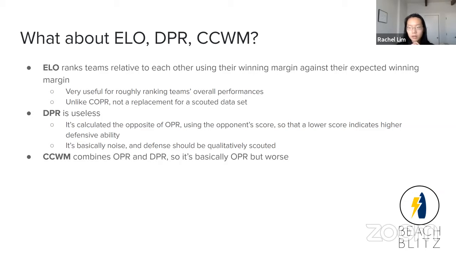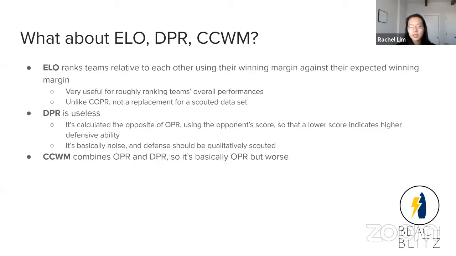So COPR correlates directly to these data sets to replace scouting data. ELO, I guess you could use it. If a team had an especially high ELO and wasn't showing up as doing particularly well in any score breakdown, that could be a flag. But in general, I wouldn't focus on it for scouting.